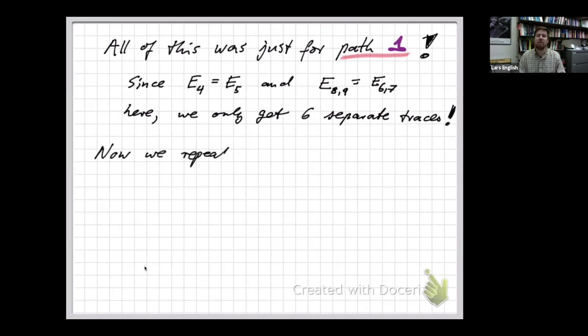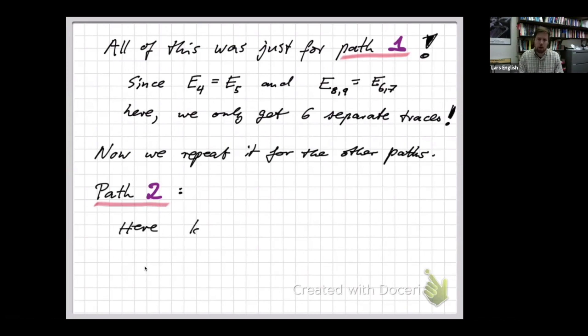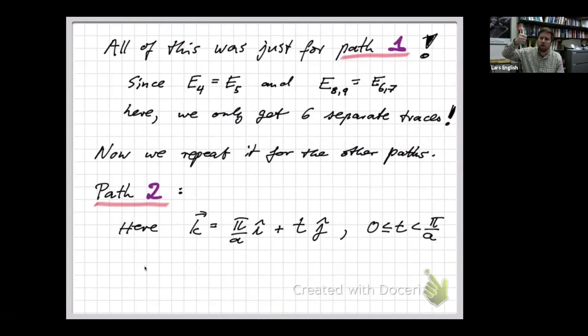So now we have to repeat it all for the other paths. Path 2, for instance, well, think about what the k vector would look like. Now we're already at the rightmost edge of the Brillouin zone, and now we're heading up towards the corner of that zone. The k vector would have to look like this, wouldn't it?